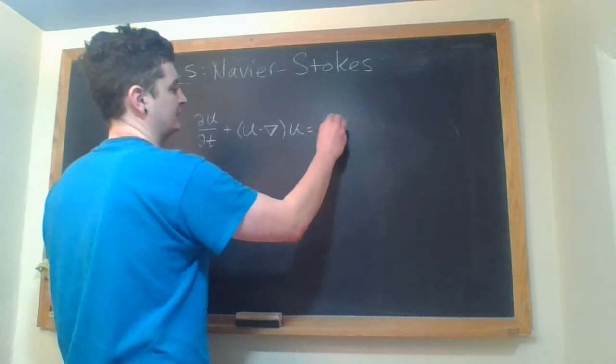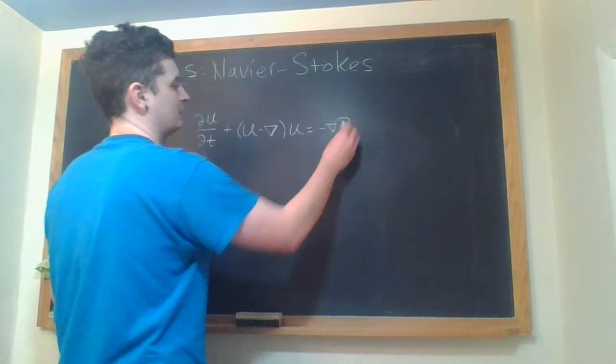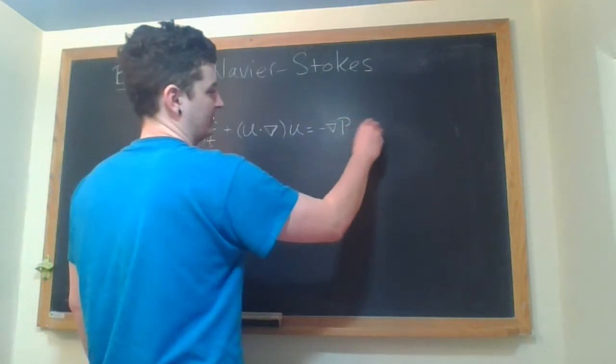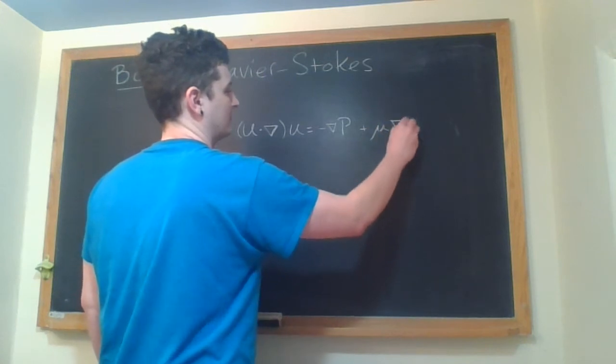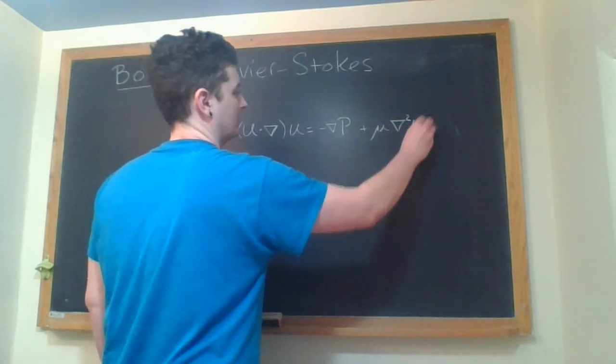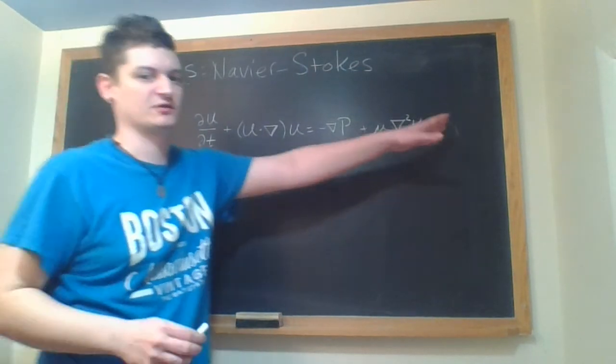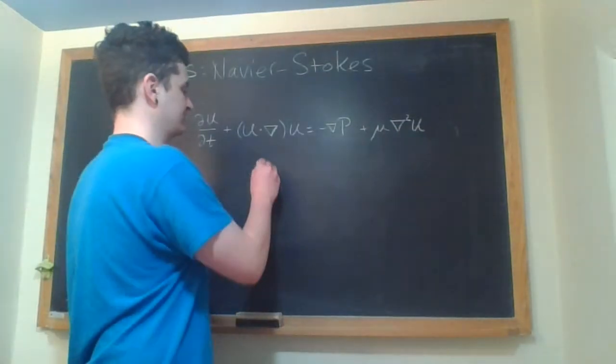This is equal to the negative pressure, so the negative gradient of your pressure field, and then a viscous term. And for compressible, there's another term that's zeroed out because of continuity.